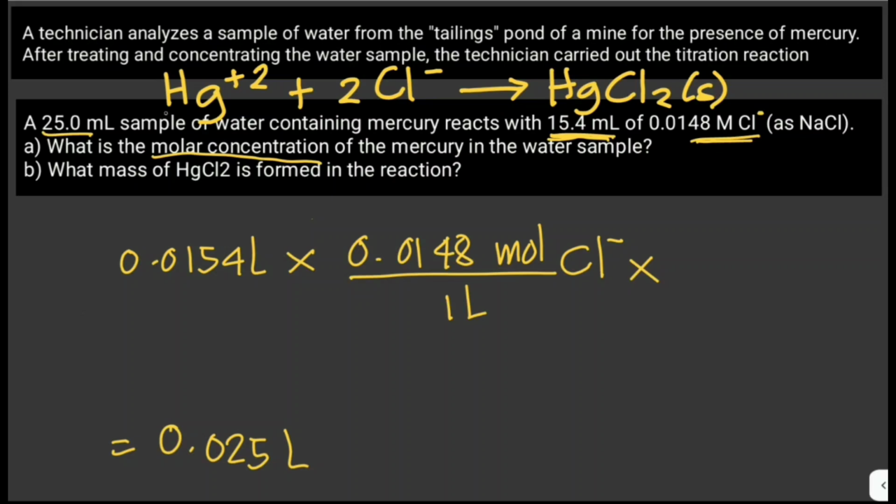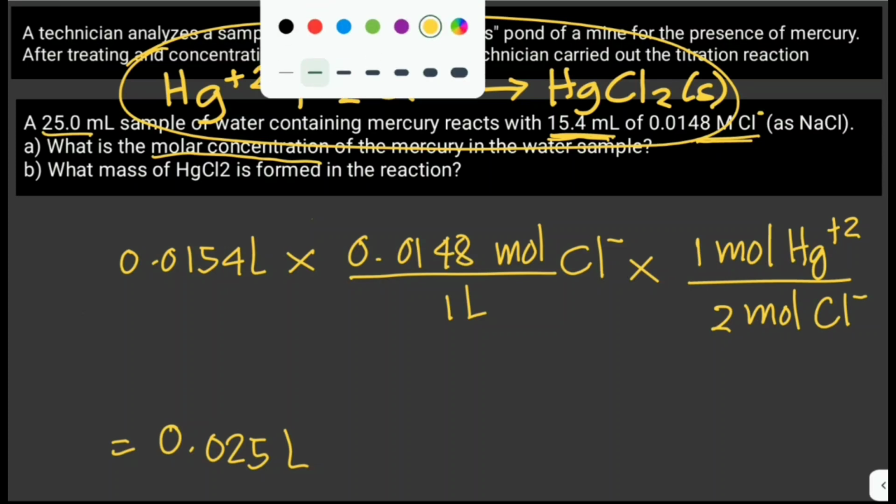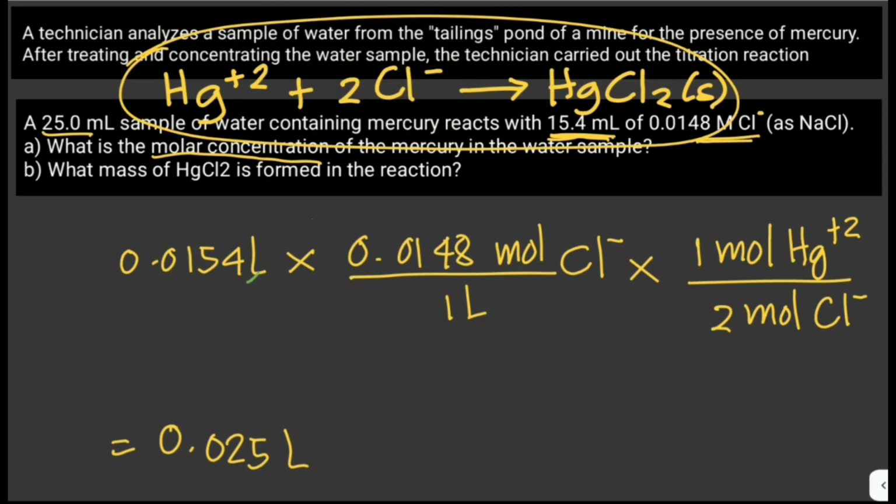From the reaction we have here, 1 mole of mercury is to 2 moles of chloride. Right, and this cancels out the units. Then we are left with the number of moles of mercury.